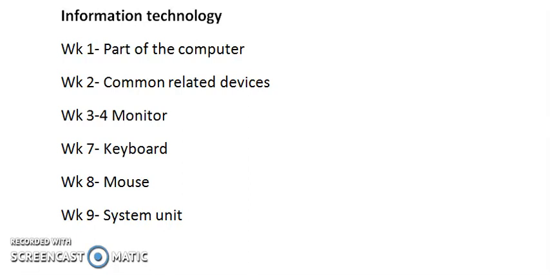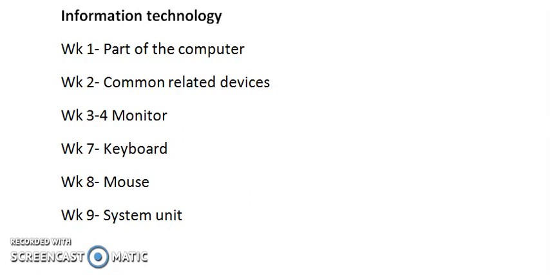Part of the keys that it has are the numeric keys, the function keys, the alphabetic keys, and the symbol keys. These are the keys on the keyboard, and they are used to input letters, alphabets and numbers into the computer. And then we also did a drawing of the keyboard.